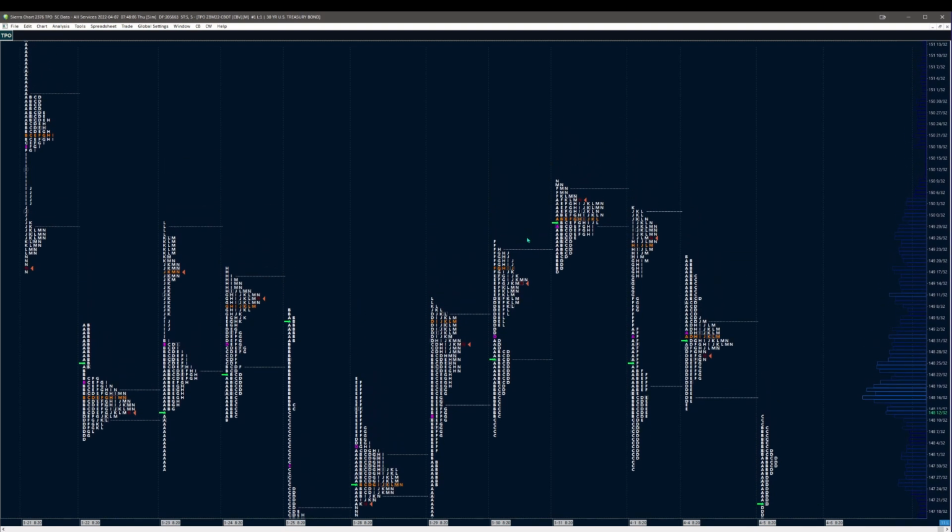Or the opposite: if you're scalping, you have the opportunity to play both sides of the spread as it cycles around, building out time in a certain area. That's why we get these chunky looking profiles.